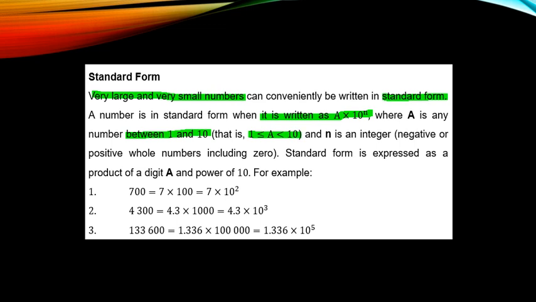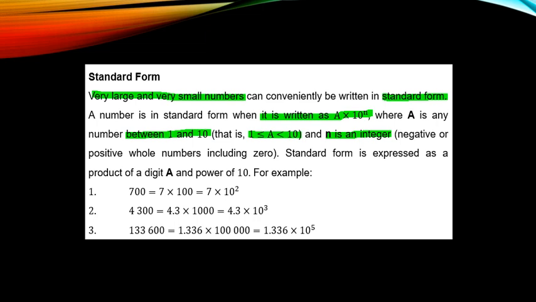In other words, a is not up to 10. A is actually between 1 and 9 inclusive, and n is an integer. Integers can be negative or positive whole numbers, including 0.